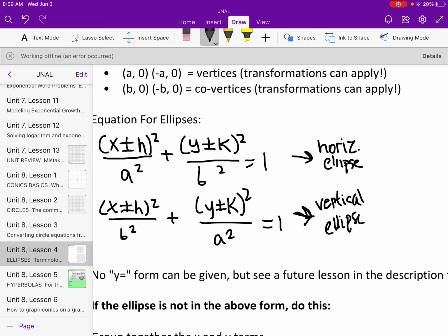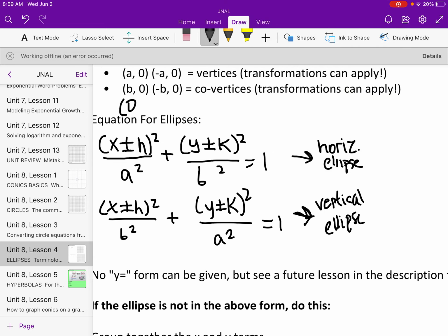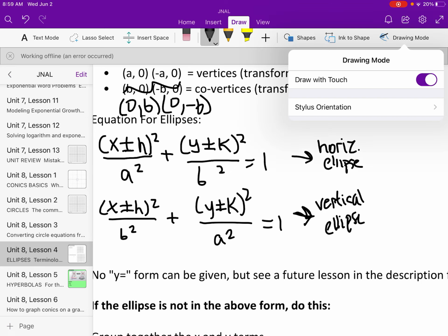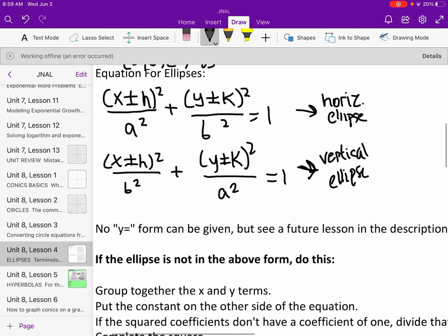And then co-vertices, oh, that's actually incorrect right there. It's (0, b) and (0, negative b). That's what it's supposed to be, sorry. Those are the co-vertices. Well, that will make more sense in a second.